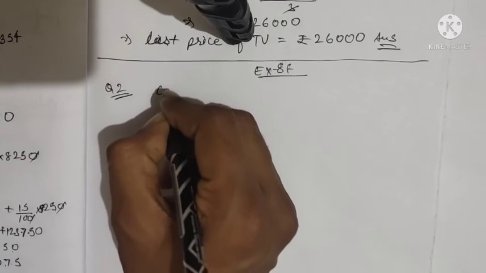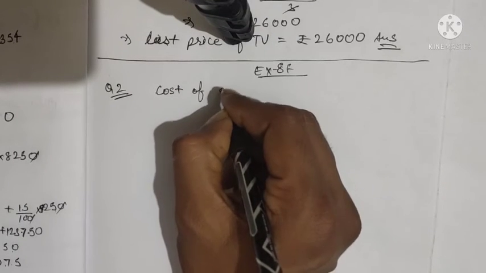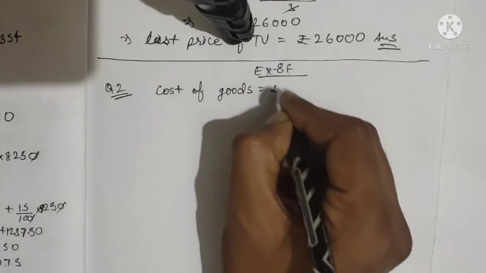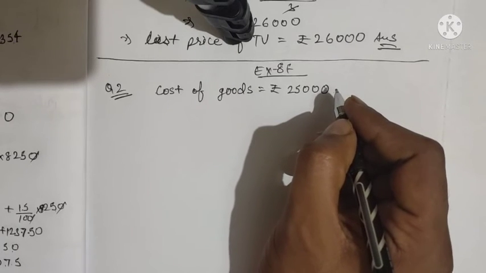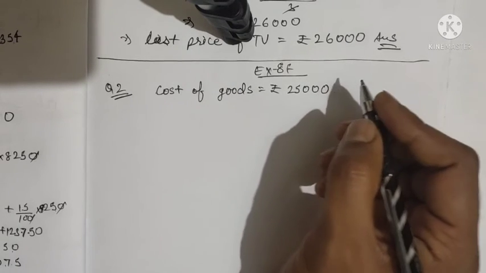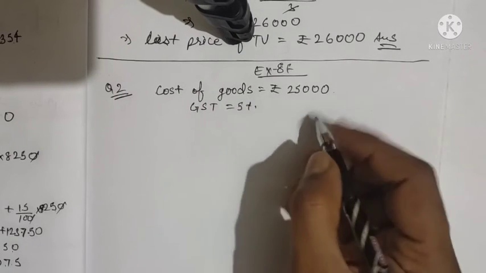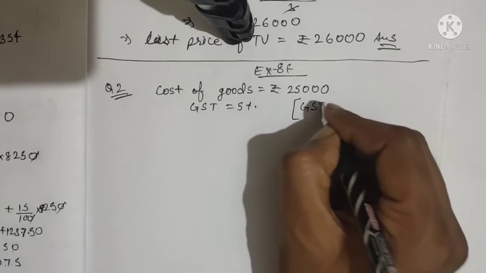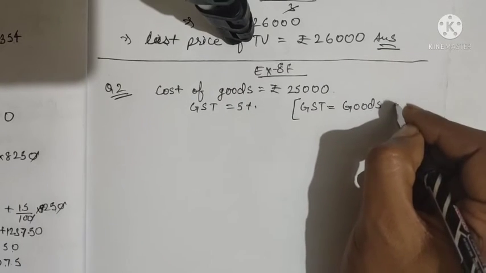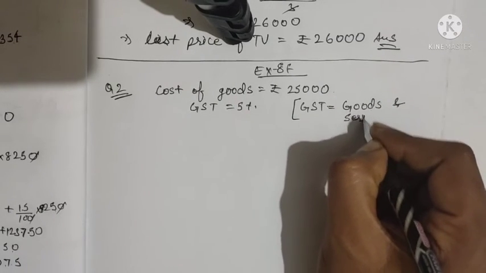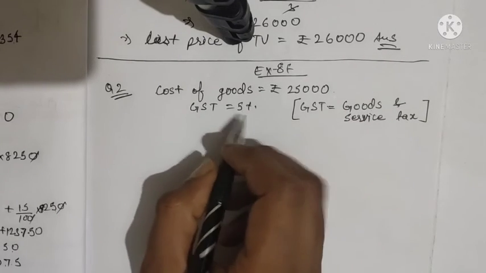So the cost of goods is equal to rupees 25,000, and it is also given that GST is 5%. Now here GST means goods and service tax. So we will consider it as tax because GST is a kind of tax.